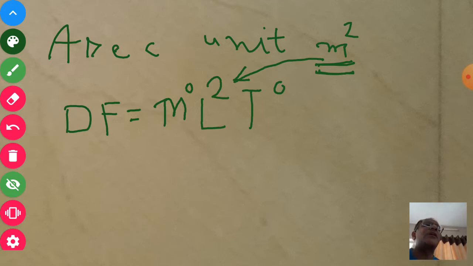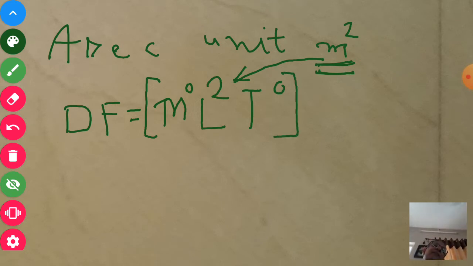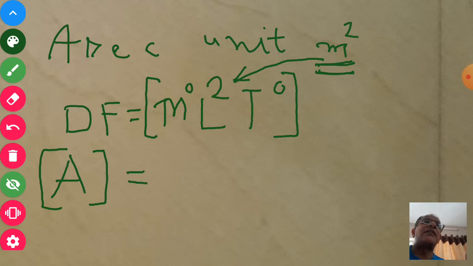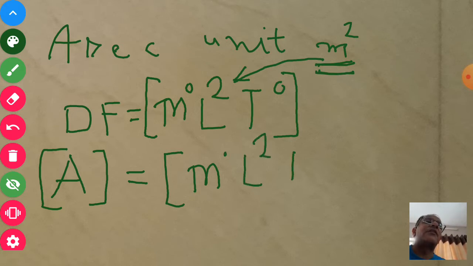This dimensional formula is generally written in a square bracket. So the dimensional formula of area A is M0 L2 T0. This way you can prepare the dimensional formula.